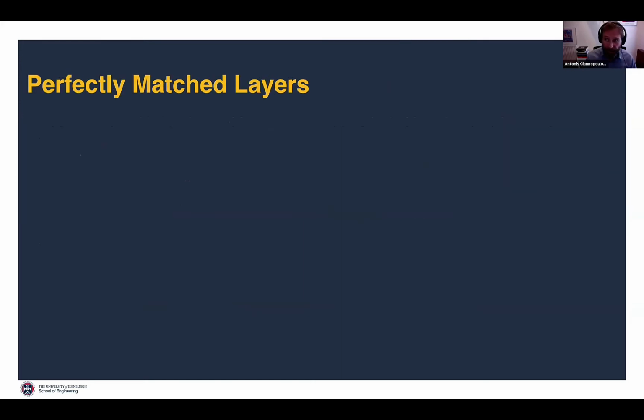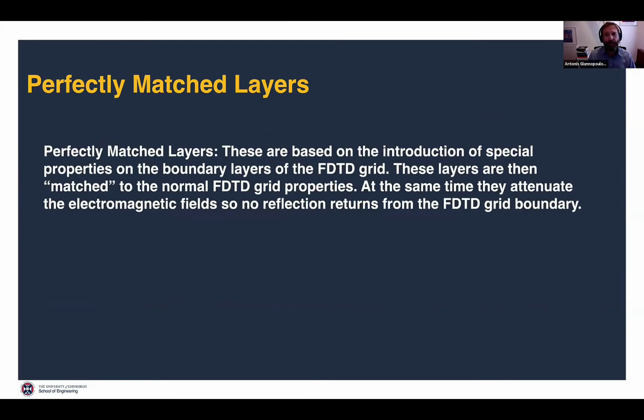Then Berenger came in 1994, and other scientists like Chew and Weedon around that time, and created the concept of perfectly matched layers. Perfectly matched layers are basically layers that you introduce into the model and that have the ability to reduce the energy of the wave, reduce the amplitude, suck it out or diminish it without actually creating reflections.